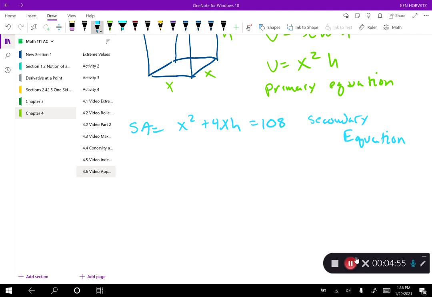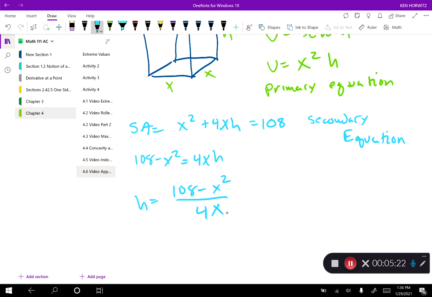Okay, hopefully you solved it. Let's take a look. So I have 108 minus x squared equals 4xh. And then I'm going to divide by 4x. So I get h equals 108 minus x squared over 4x.